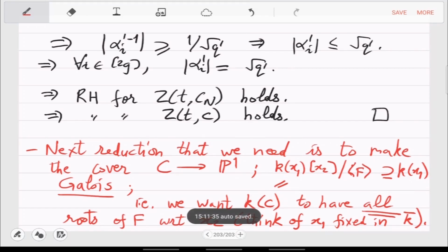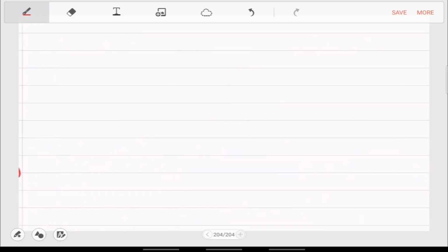So that is the rough intuition. x1 is fixed in the projective line and I want all the x2s for a fixed x1. So that's the move to the Galois cover.